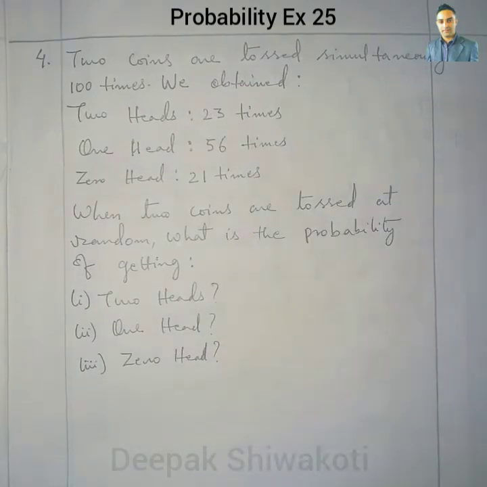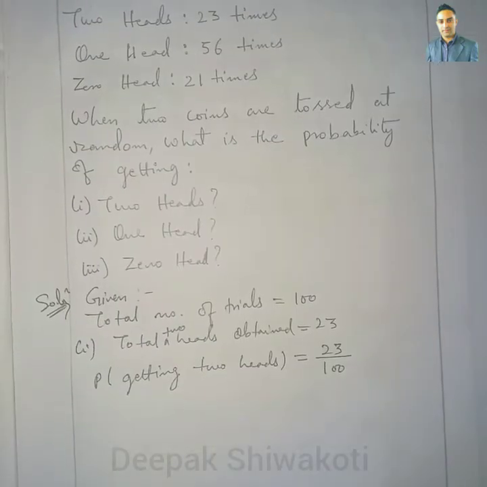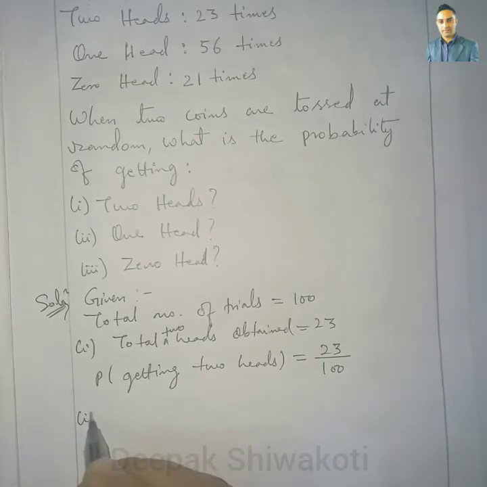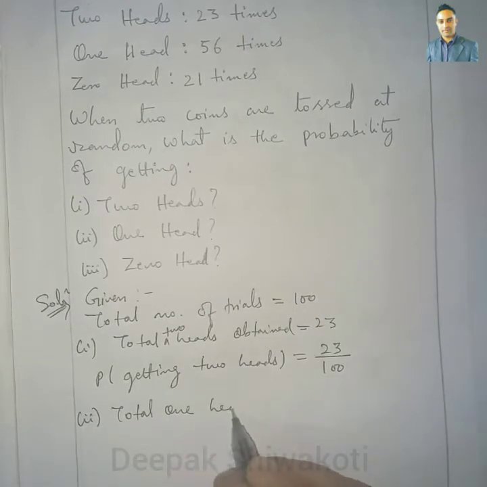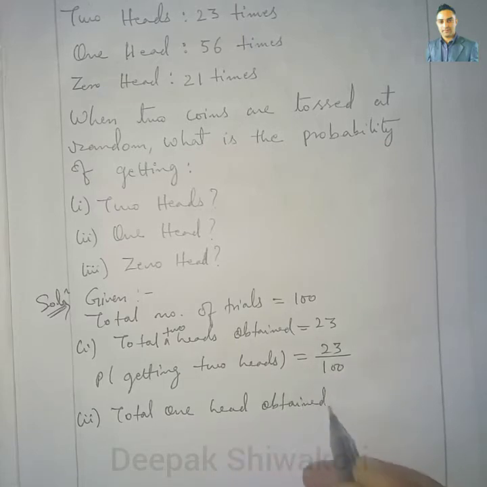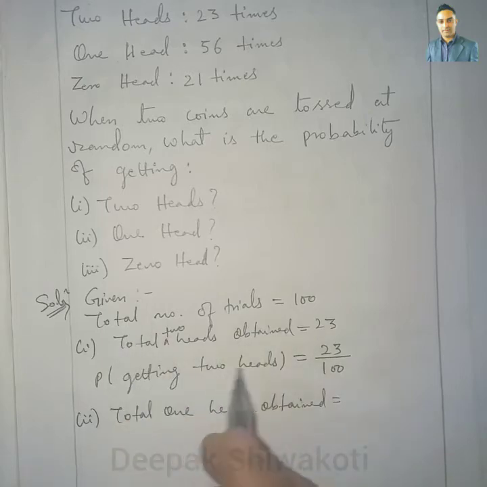So here number 2, total number of 1 head obtained is equal to 56 times.